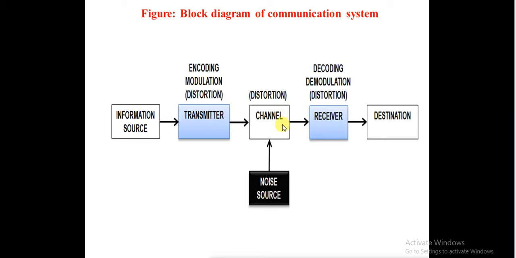Then we have the channel, which is connecting the transmitter and the receiver. The channel is where the information is transmitted to the receiver. So it is a media. It can be wired or wireless. If the media or channel is wired, it can be copper wire, coaxial wire, a pair of twisted cable, or optical fiber cable.